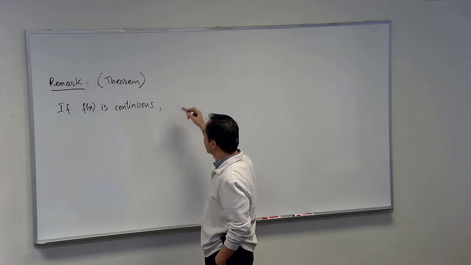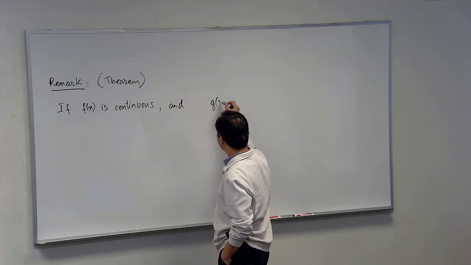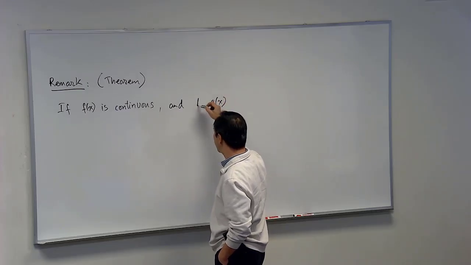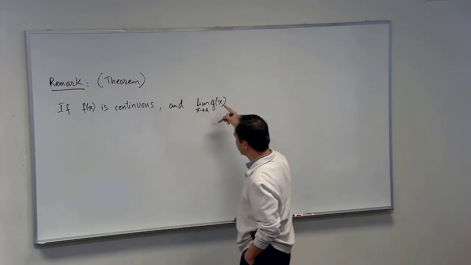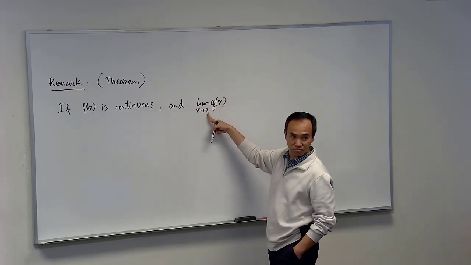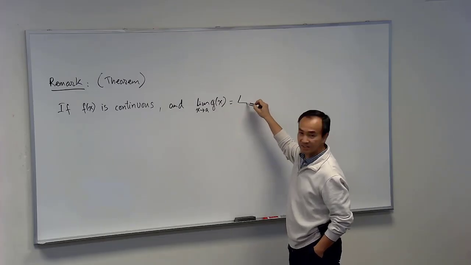and further, g of x is some function. We don't necessarily know that it's continuous, but if we take the limit of g of x as x gets close to some arbitrary limit point, and that limit is a finite existing value.